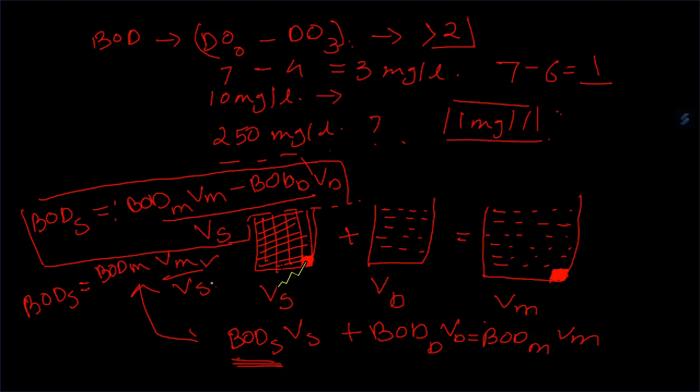Vs is the volume of sample which I added, so that is measurable. And BOD M, as I said, is the BOD of the mixture, which can be easily calculated using the meter. So all these three quantities are known to me now, and hence I am able to calculate this particular quantity, that is BODS.